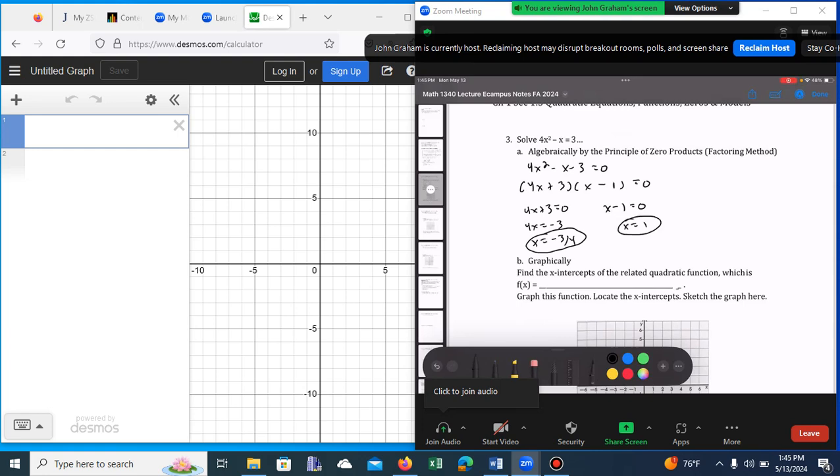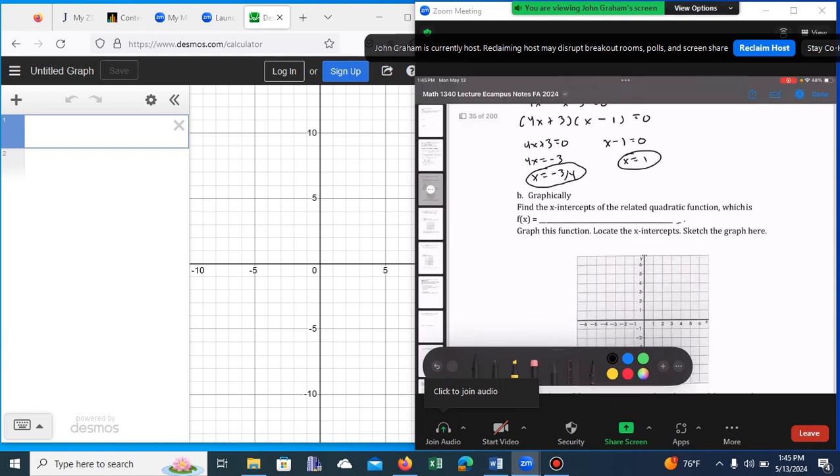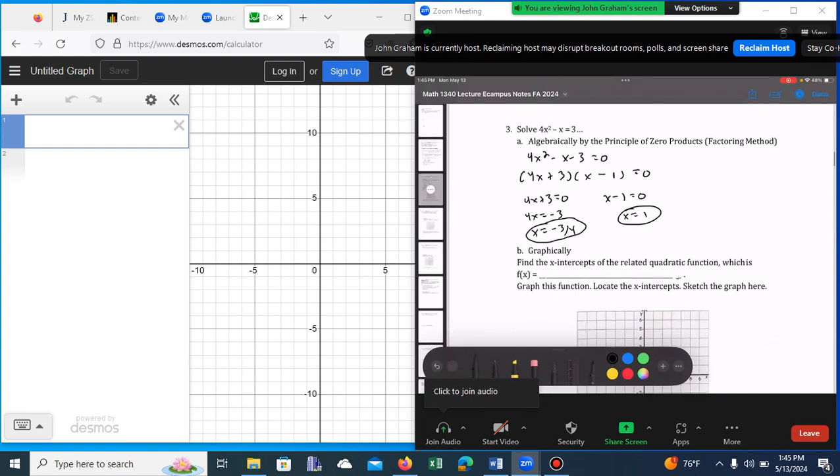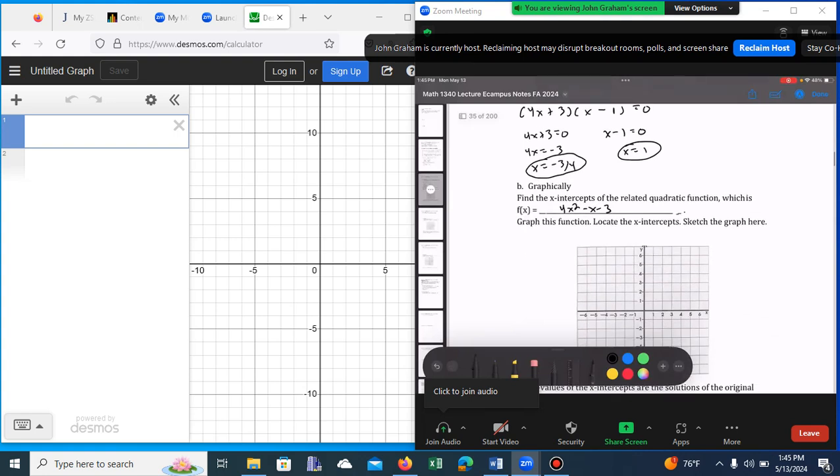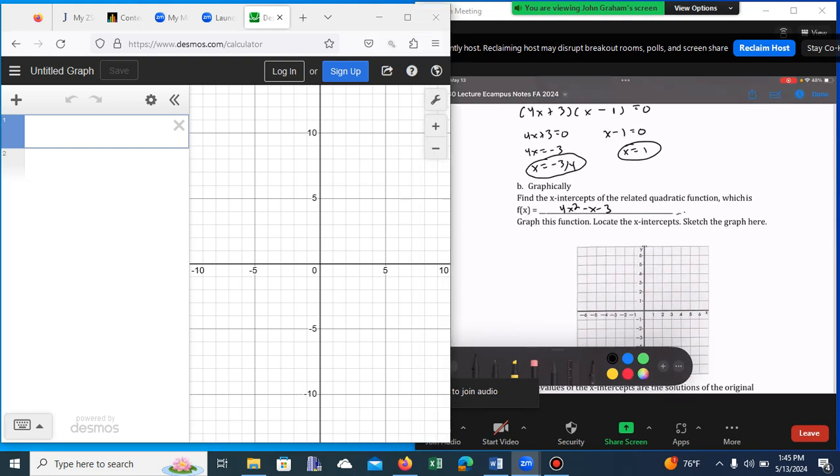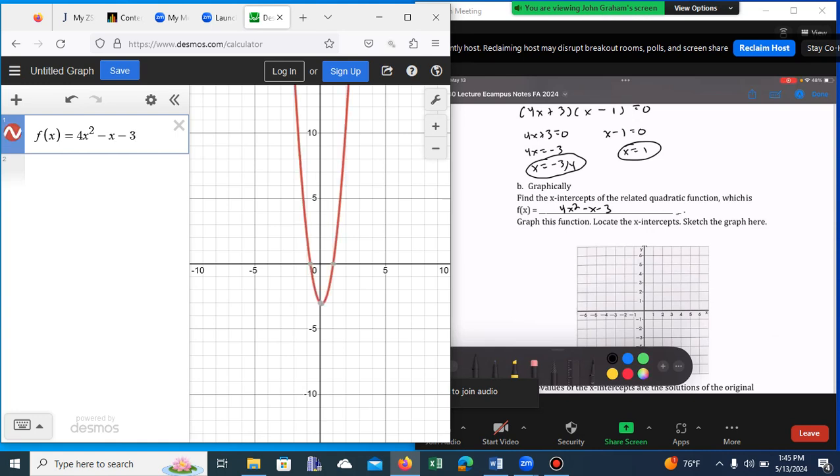Okay. So now let's look at the same function, 4x squared minus x minus 3, as a function, and graph it. So f of x equals 4x squared minus x minus 3.